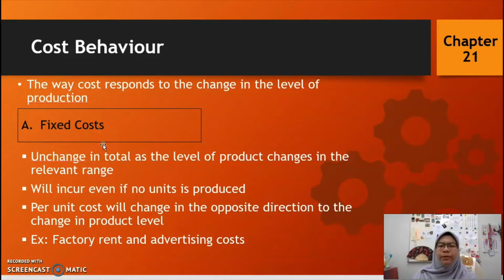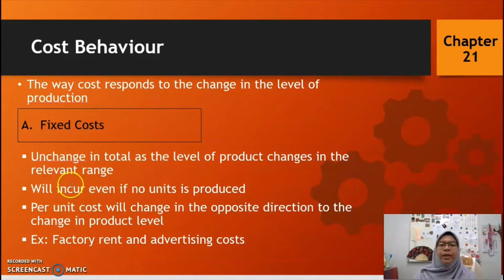So what is the meaning of the fixed costs? Fixed costs remain unchanged in total. So be careful whether you are talking about the fixed cost in total or the fixed cost per unit, because the explanation will be different. The fixed costs remain unchanged in total when the quantity changes.